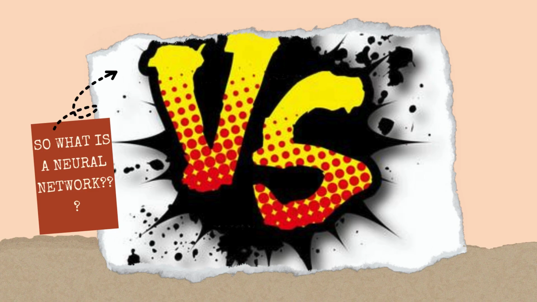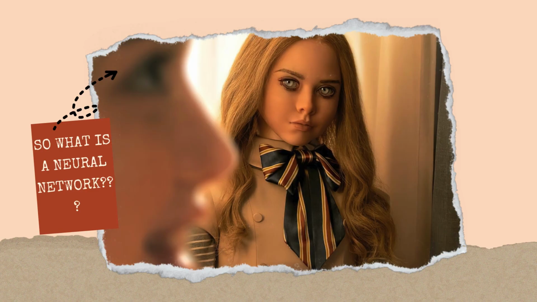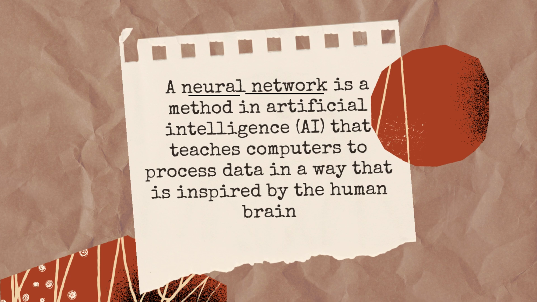So, what is a neural network? A neural network is a method in artificial intelligence that teaches computers to process data in a way that is inspired by the human brain.